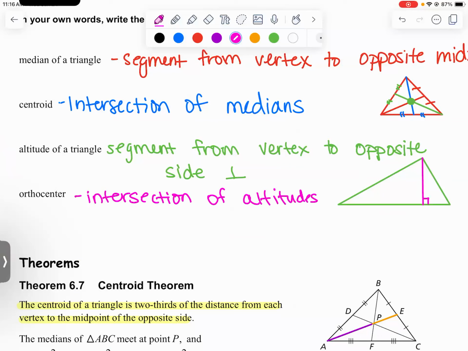Now, we go to the orthodontist to get our teeth perpendicular to our gums. Do you agree? So orthocenter, we're talking about those perpendicular altitudes. What does ortho mean if it's added to something?